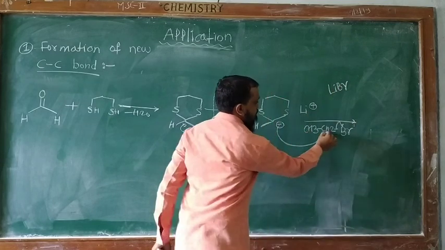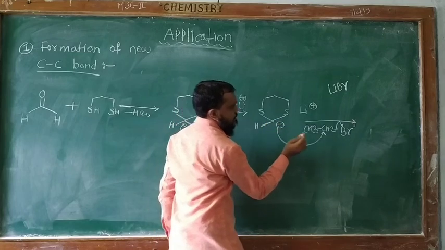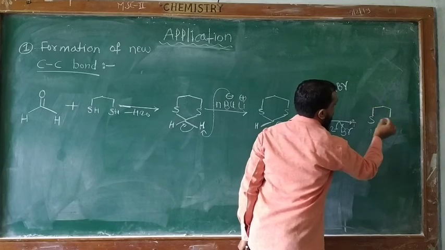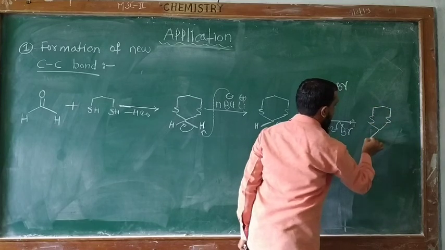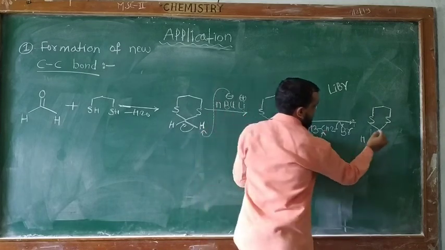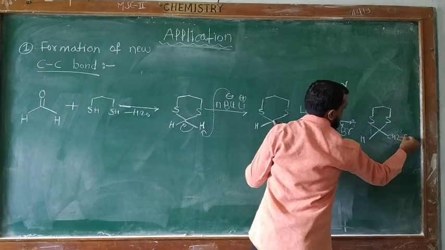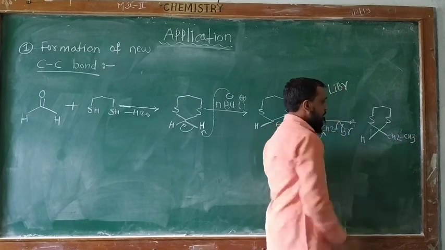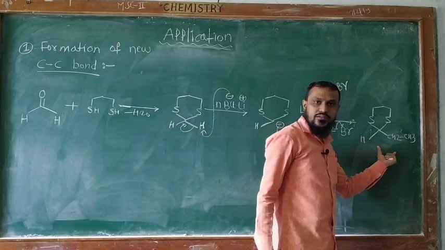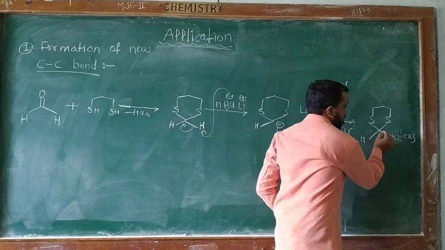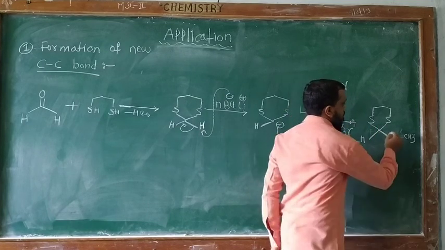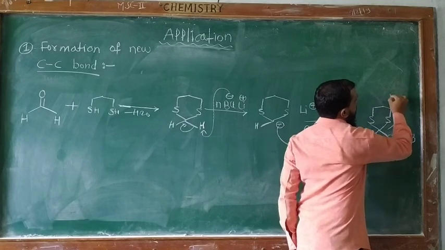This carbon is bonded with this carbon, so we generate this type of product. Here one hydrogen is present, with CH2 CH2. This is the alkylated 1,3-dithiane, and here one new C-C bond is generated.